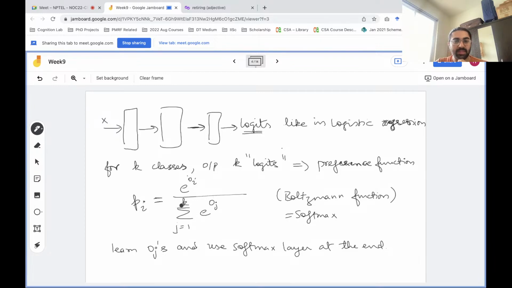So here the summation over i of p_i will be equal to 1 because of the way you have chosen this Boltzmann function. That's the basic idea of using neural networks for multi-class classification.